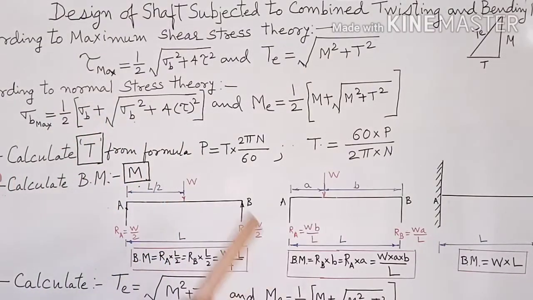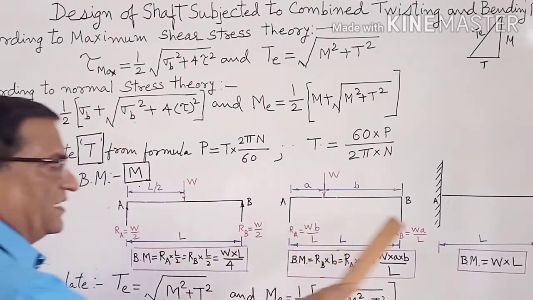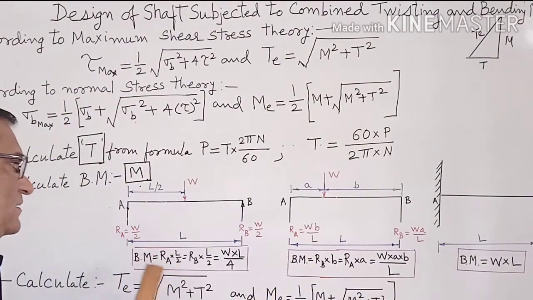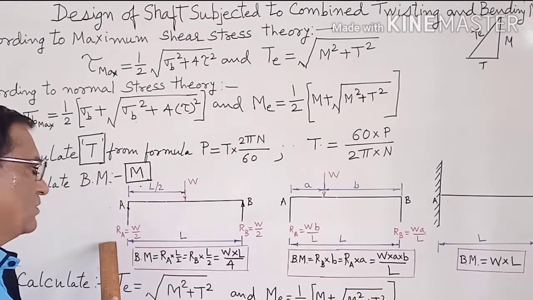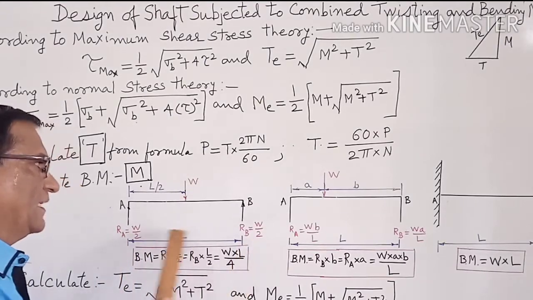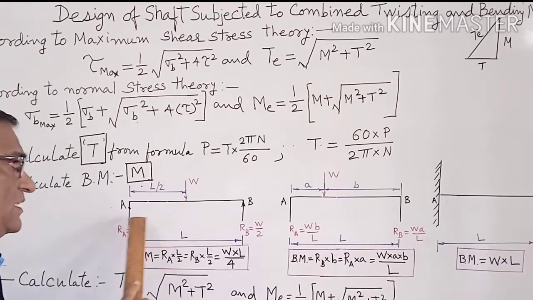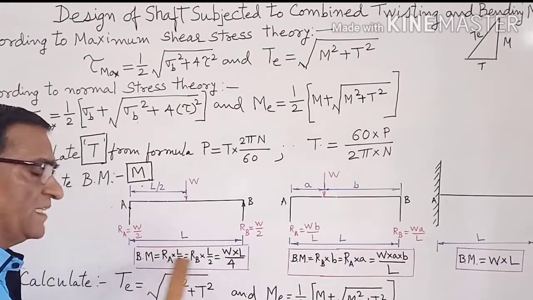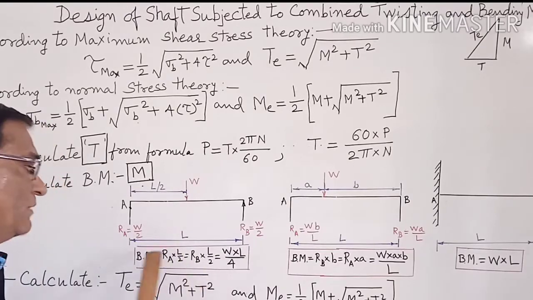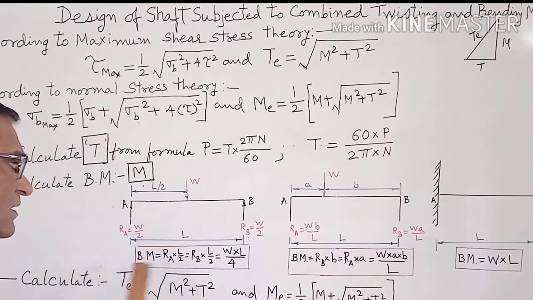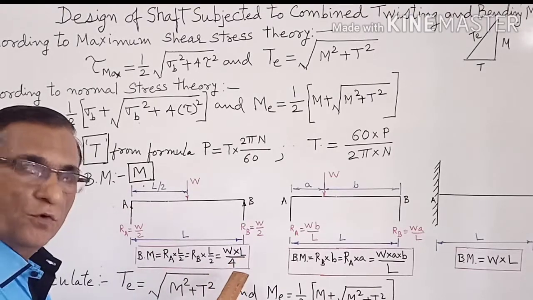So instead of calculating right from first principles, that is, calculating RA and RB, then multiplying the reactions by the distance and calculating the maximum bending moment, we will remember these values. If this is the case, we will remember the value WL by 4.